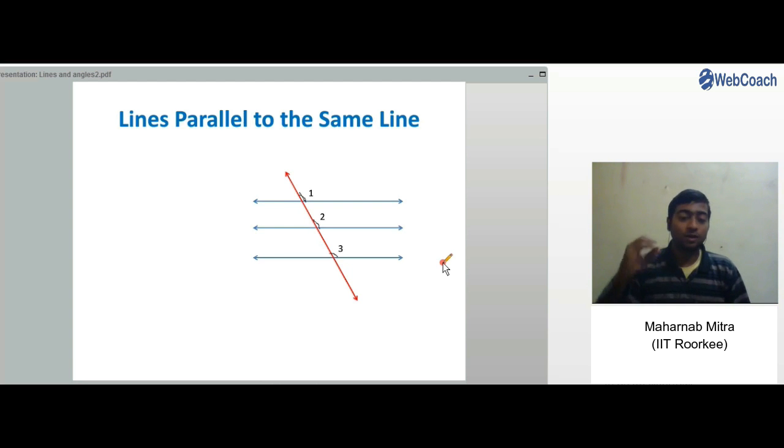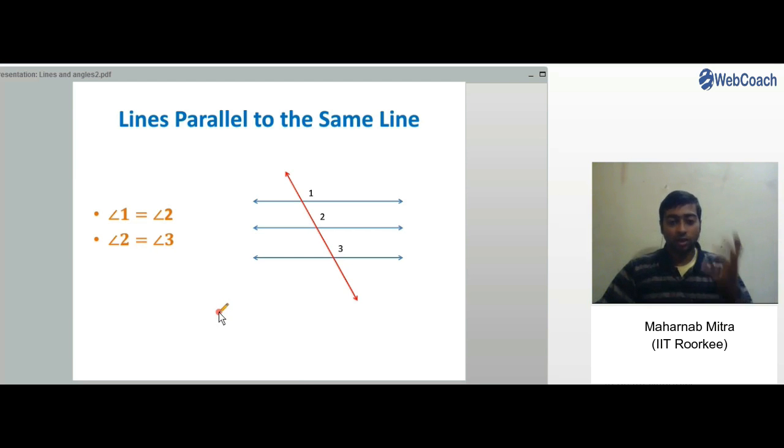This statement is true for every pair of angles on the parallel lines. And here, as I have told you, you can see angle 1 equals angle 2 and angle 2 equals angle 3, and therefore we can say angle 1 is also equal to angle 3, right.